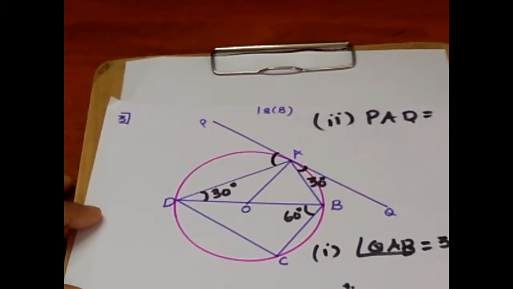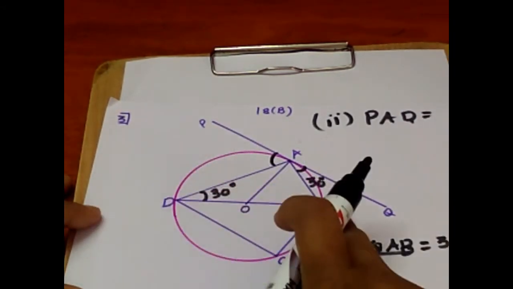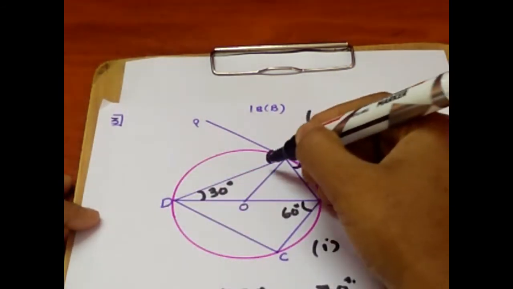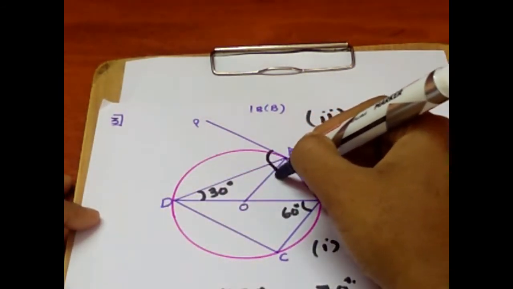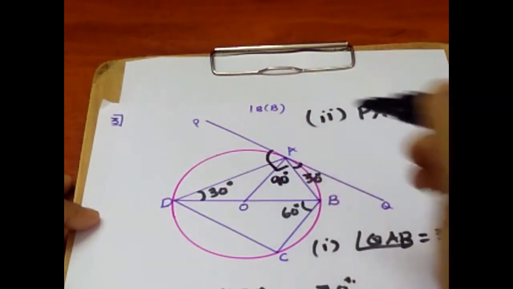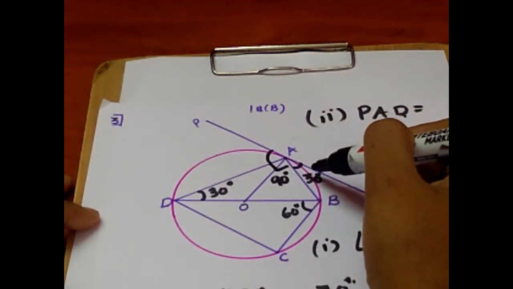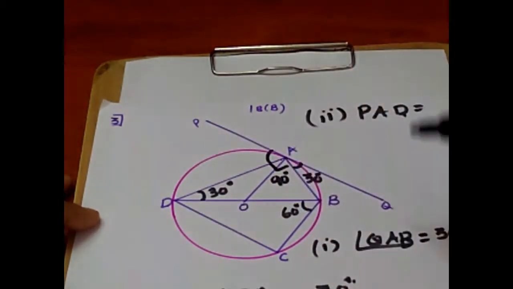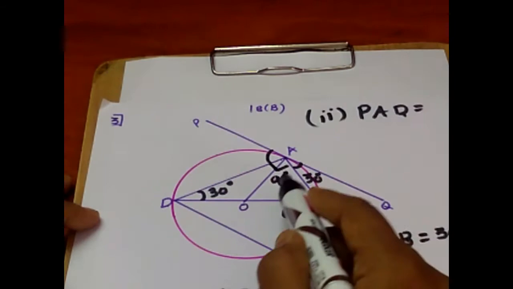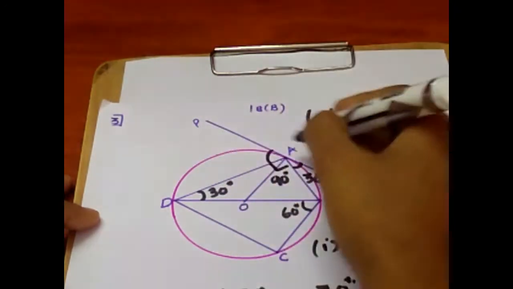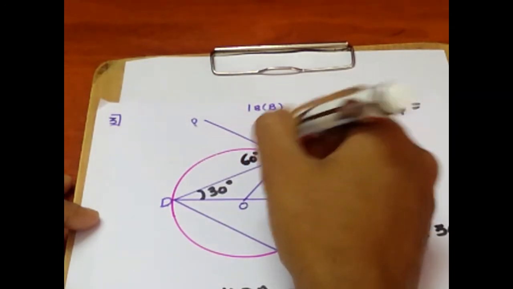It is said that DB is a diameter. Once DB is a diameter, I can say that angle DAB is equal to 90 degrees. So all these three angles add up to 180 degrees as PAQ is a straight line. So 90, this is 30, and the remaining angle PAD is equal to 60 degrees.